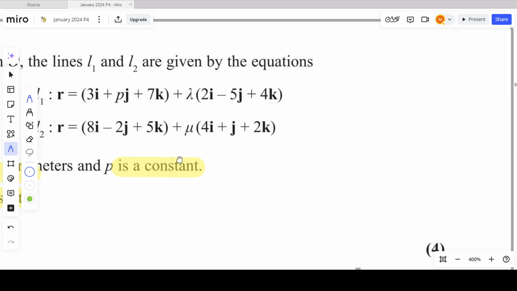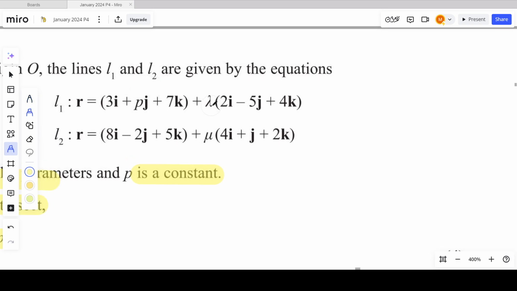If you see line L1, the equation of line L1, lambda times 2i minus 5j plus 4k. Again you see mu times 4i plus j plus 2k. What do these vectors represent? These are called the parallel vectors. That means line L1 is parallel to the vector 2i minus 5j plus 4k, and line L2 is parallel to the direction 4i plus j plus 2k.